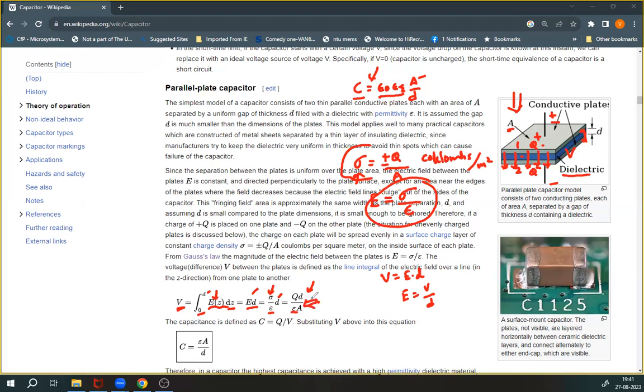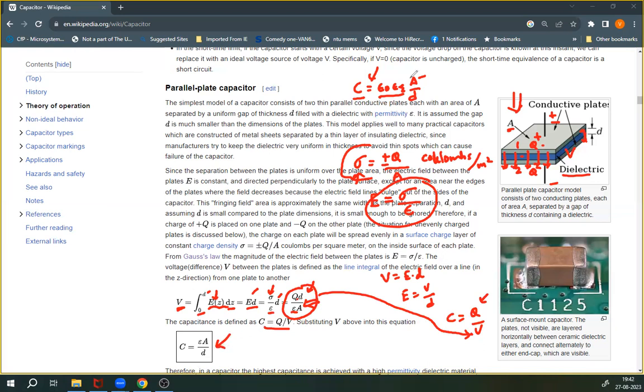Now we know that capacitance is C equal to Q over V, and this is the value of V. Substituting the value of V into the equation of capacitance, we get epsilon A over D. This is how we derive the expression for the capacitance.